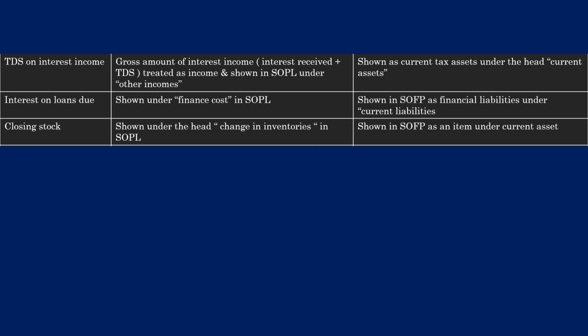We know that in the statement of profit and loss the closing stock and opening stock are dealt with in a peculiar manner. So it should be shown under the change in inventory of the statement of profit and loss. Under change in inventory we will take the difference between opening stock and closing stock. After that it has to be shown under current assets in the statement of financial position.